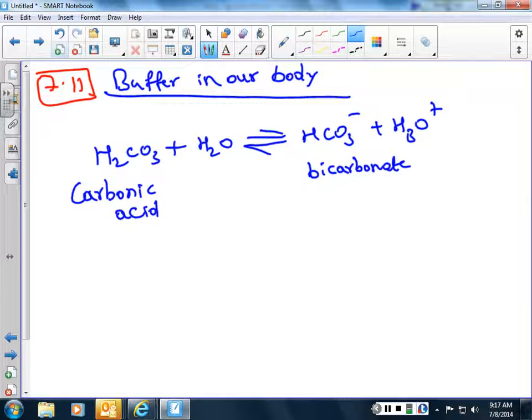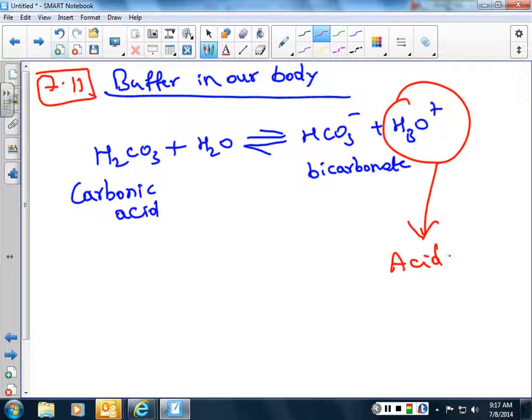Towards product. So if you make more carbonic acid, the reaction will go towards product. That means you are making more and more acid. Then the condition is called acidosis. When will you have acidosis? When you increase carbonic acid.